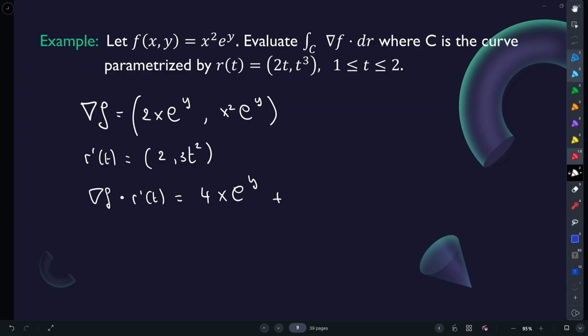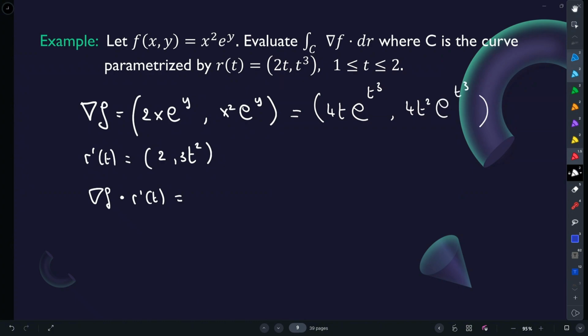Wait a second. So before I evaluate like that, I have to evaluate this at r of t, right? So now 2x is 2t, so this is 4t e to the y, which is t cubed, comma, and then 4t squared e to the t cubed.